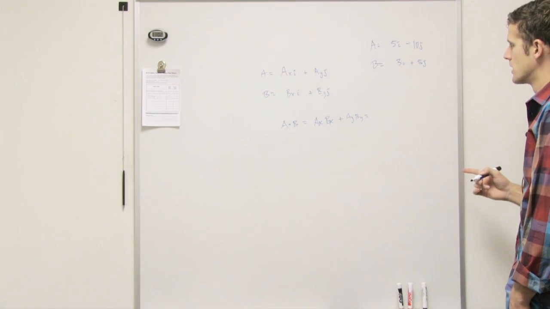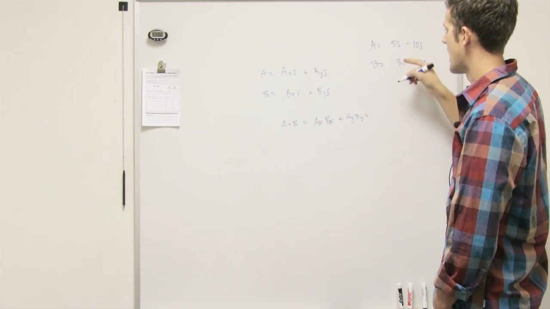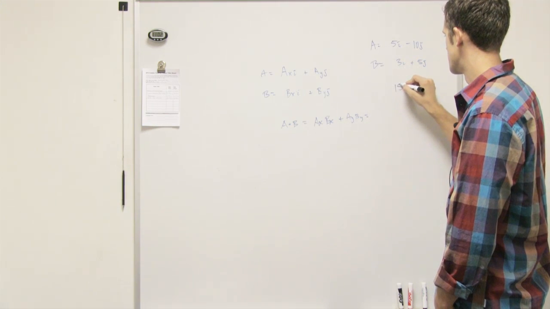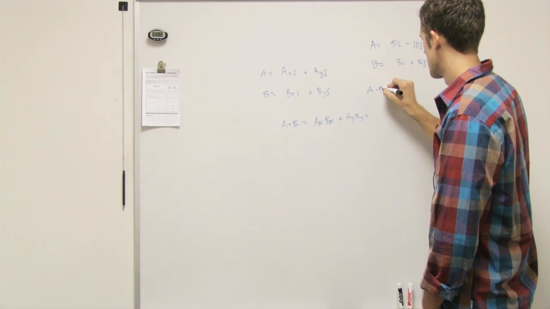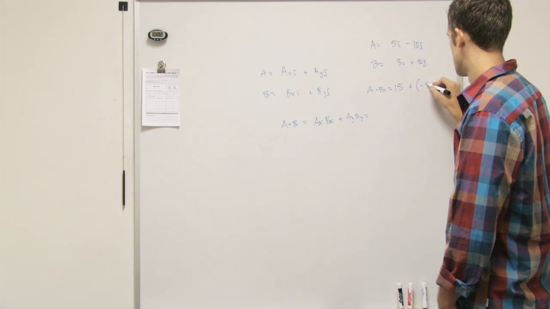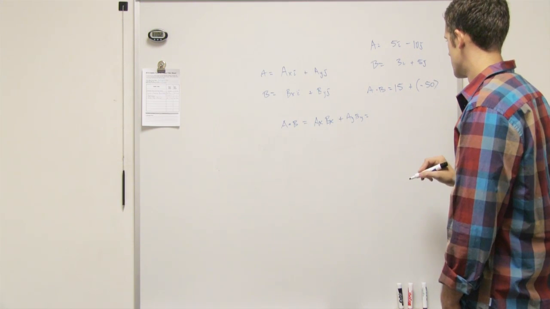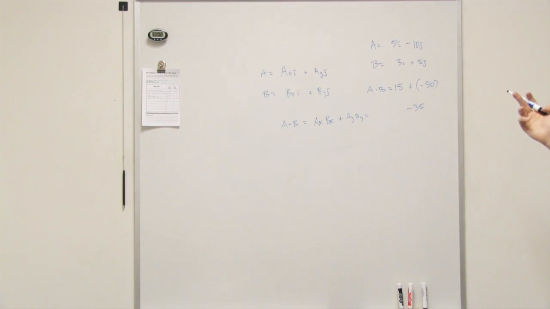It'd be 5i times 3i, and you drop the i's when you do it. So it'd just be 15. Plus, well, it'd be negative. So it'd be negative 35. So what kind of work was done there? Positive or negative? Negative.